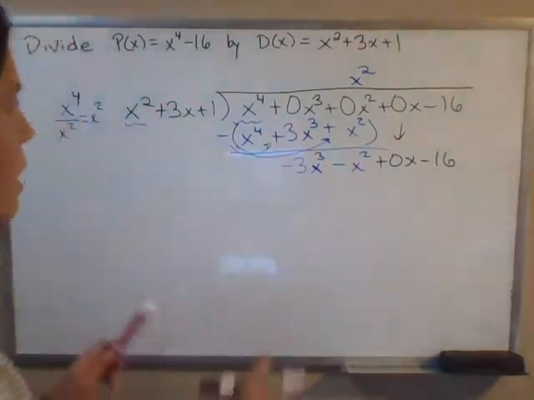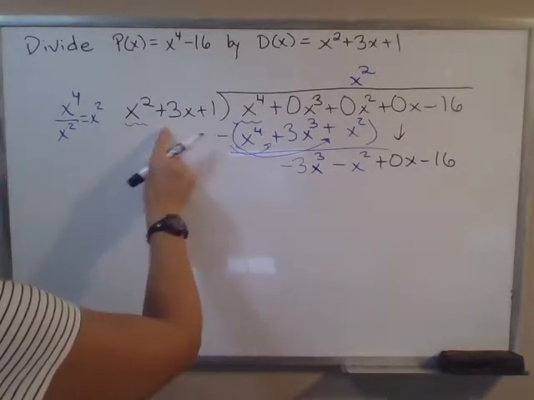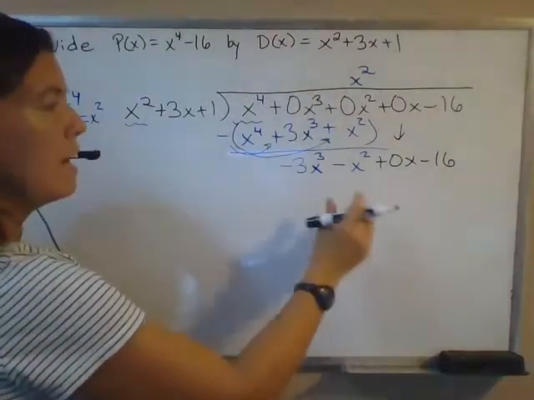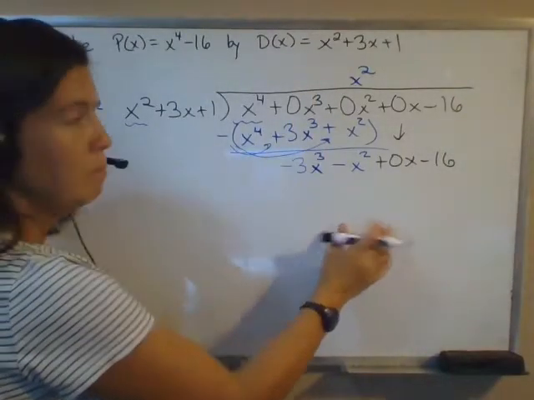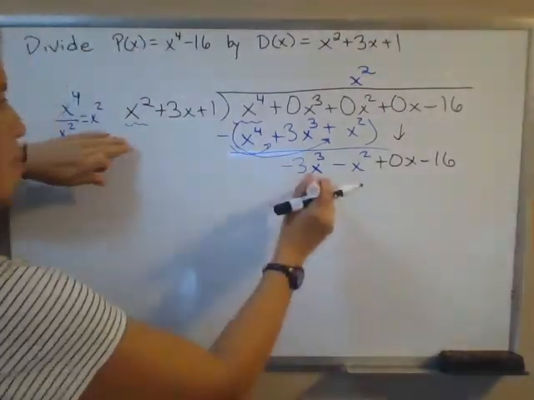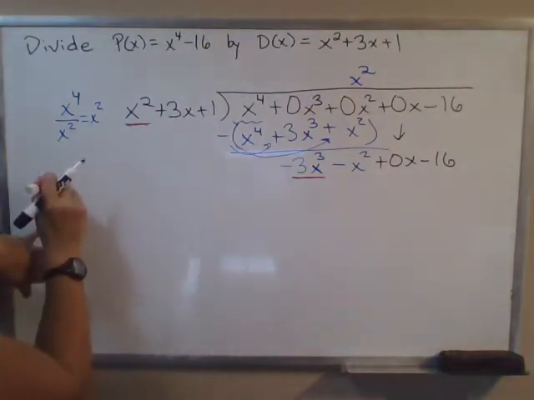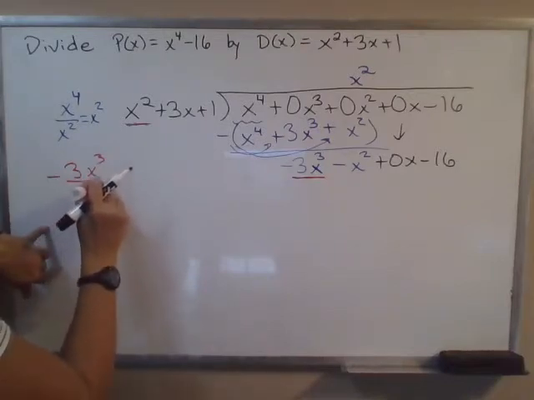We keep going until the degree of what's left down here is lower than the degree of the x squared plus 3x plus 1. So in other words, this is degree 2. We need to keep going until the degree that remains down here is 1. So we need a linear expression down here. So we repeat this process, again dividing leading terms. So divide negative 3x cubed by x squared.